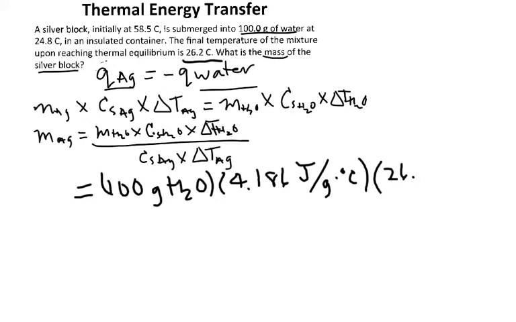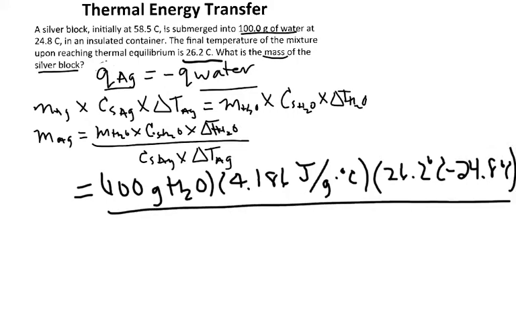So this is going to be 26.2 degrees Celsius minus 24.8 degrees Celsius, all divided by the specific heat of silver, which is 0.239 joules divided by grams times degrees Celsius times delta T.